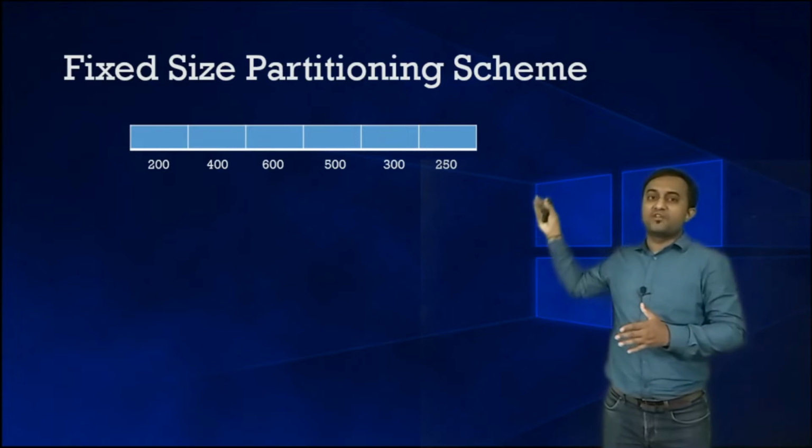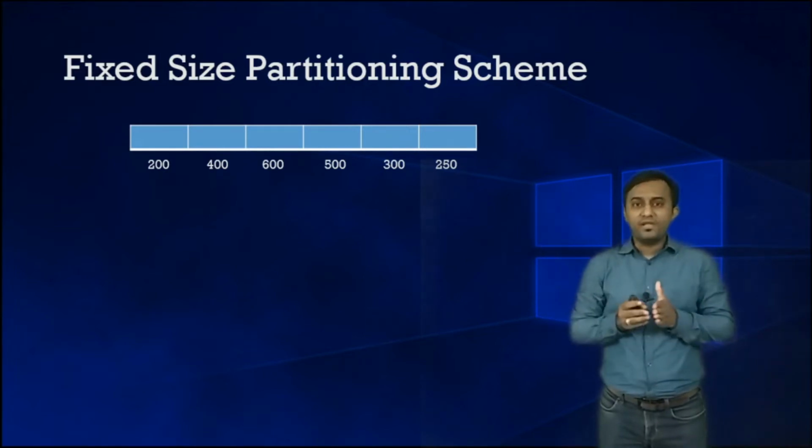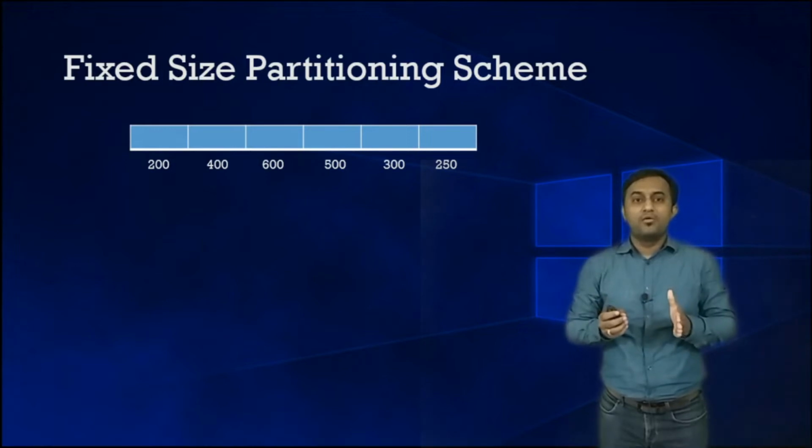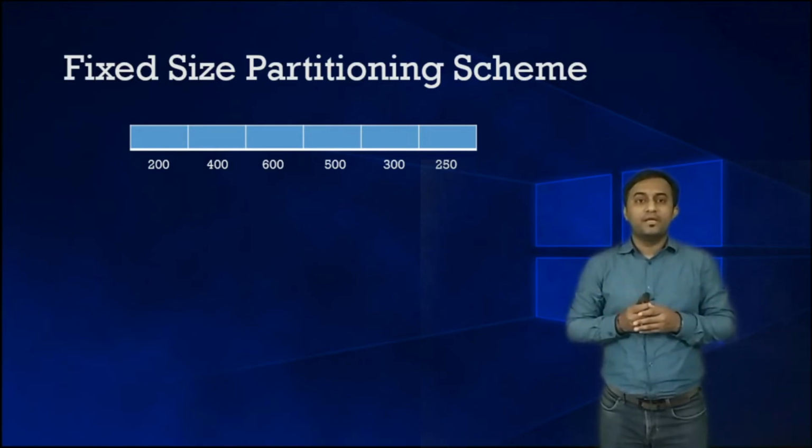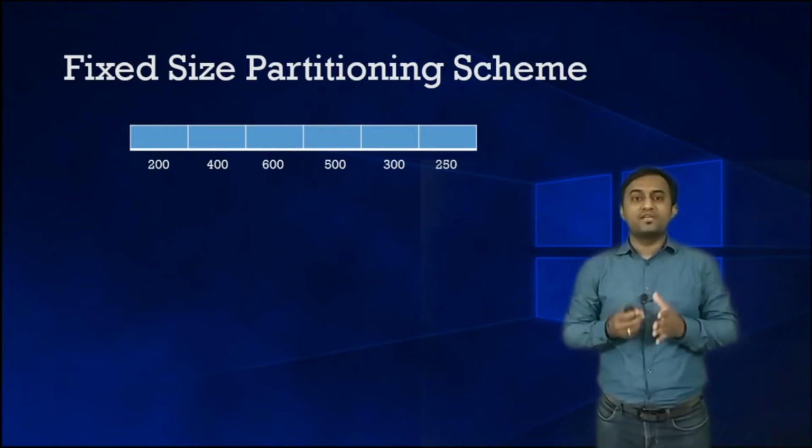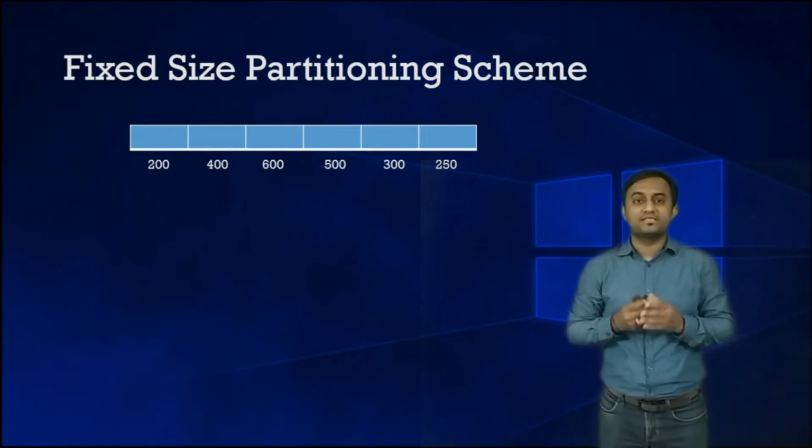So in this particular figure, you can see there are various memory blocks we have. Means there are various partitions of total available memory, in which first partition is of size 200 KB, second one is 400 KB, third one is 600 KB, fourth one is 500 KB, fifth one is 300 KB, and last one is 250 KB.